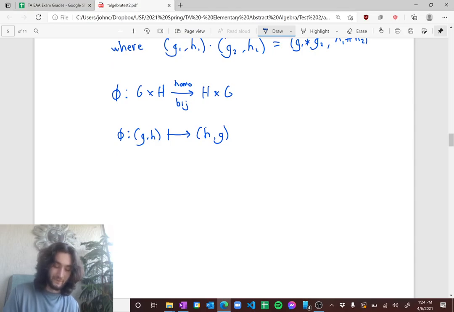Let's see. First of all, you have to make sure it's a homomorphism. That means phi of a product of two things. Again, I'll use G1, H1, but that's getting kind of ugly. Let's say A and B are in G, and X and Y are in H, or something like that.